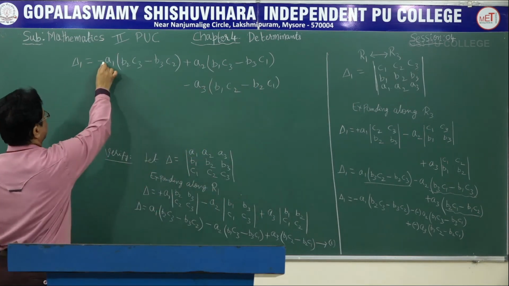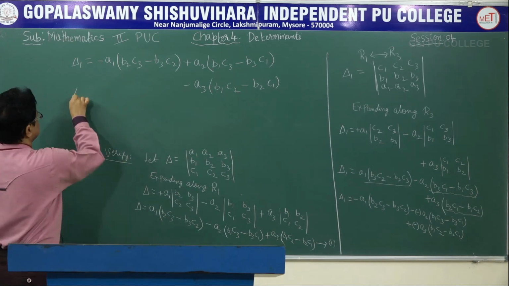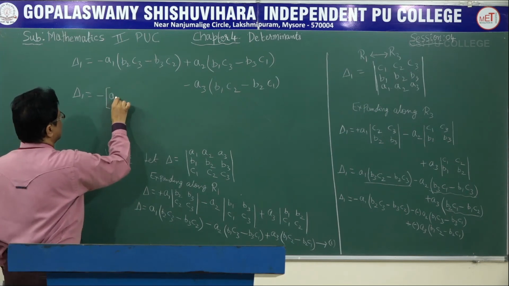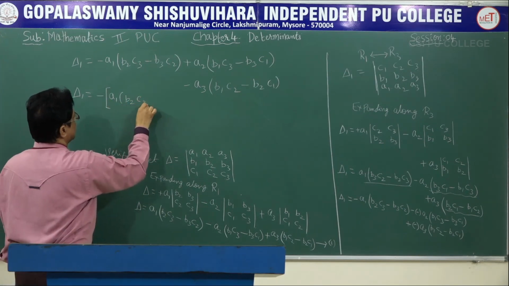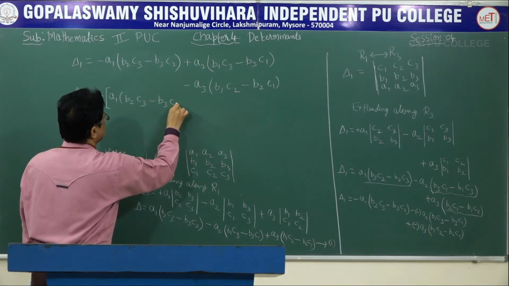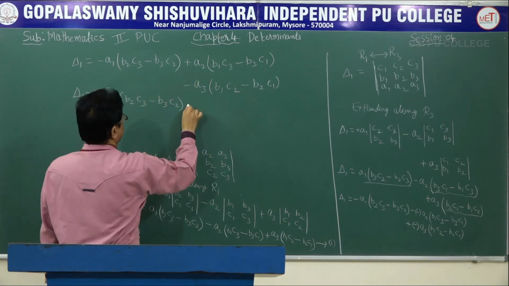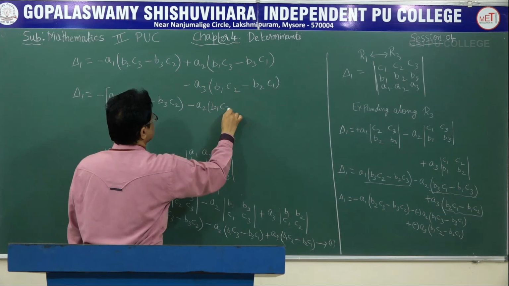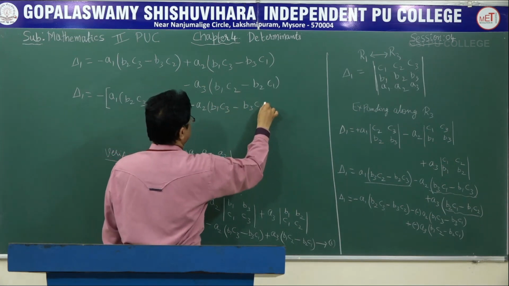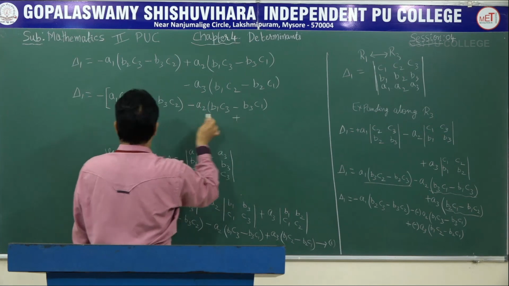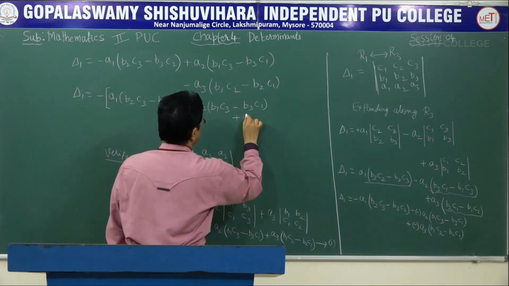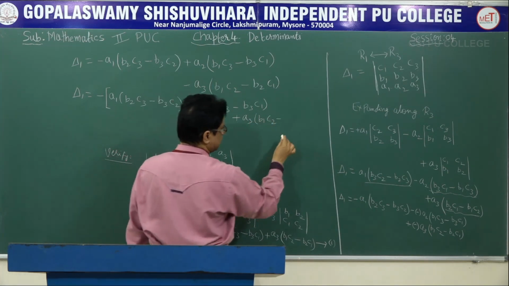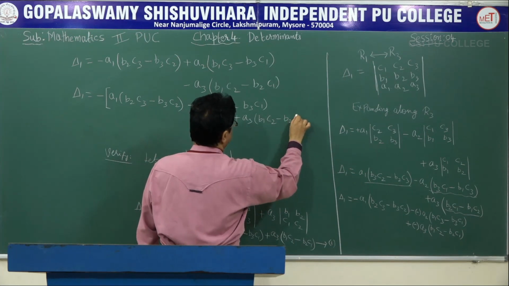Overall, we take minus common. So delta 1 is equal to, if I take minus common, A1 into B2 C3 minus B3 C2. Next this plus becomes minus A2 into B1 C3 minus B3 C1, and this minus becomes plus because we have taken minus common, plus A3 into B1 C2 minus B2 C1.